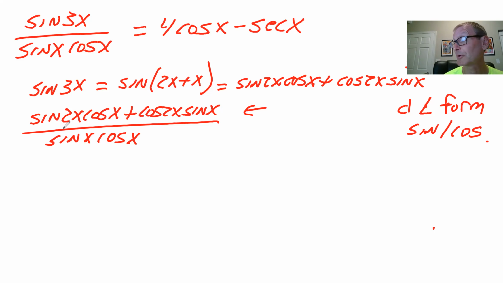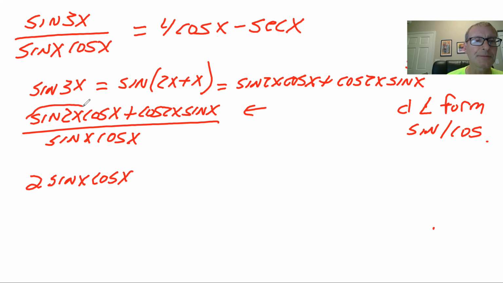The sine's pretty easy because that's 2 times sine of x cosine of x. So when you do that substitution, it looks like this. That equals that. And so now we still have a cosine of x left. You're like, oh, look, we can do a cancellation. We're getting in the right direction.